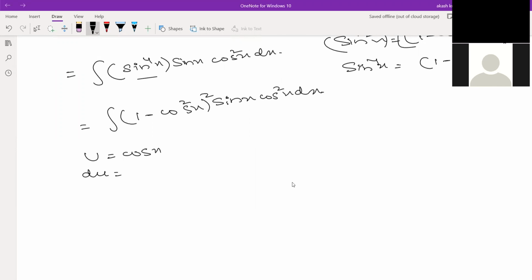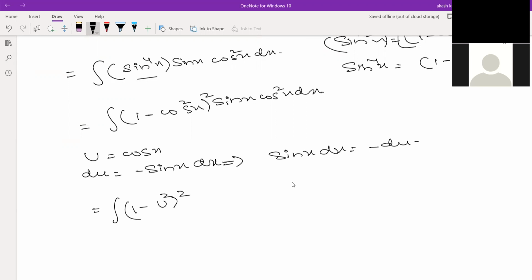So du becomes sin x dx, with a minus sign, then sin x dx will be equal to minus du. 1 minus cos x is u square and whole square, sin x dx is minus du, and cos square x is u square. Is it clear?